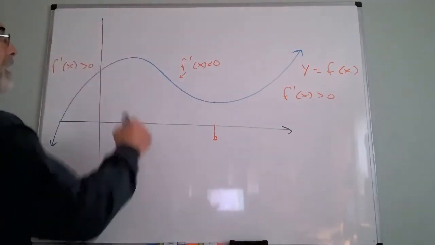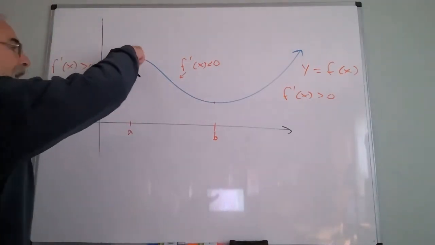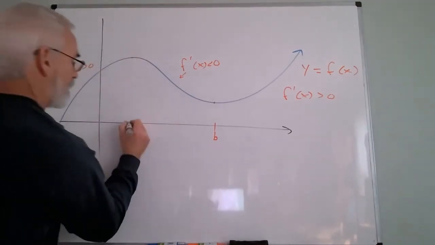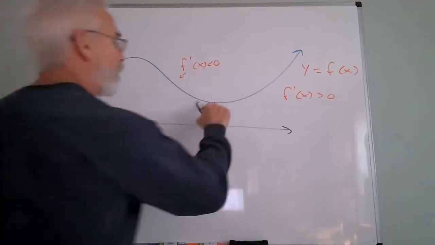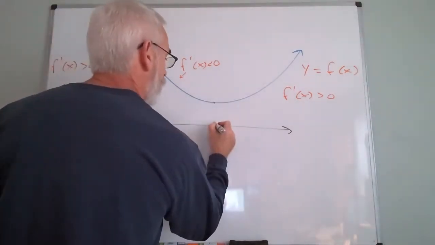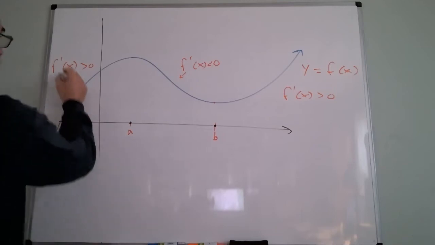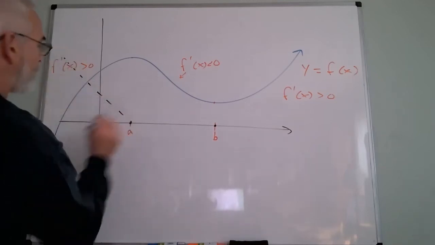At this point right here, the derivative would be 0, wouldn't it? So the derivative would be right here. At this point right here, the derivative would be 0. Now, along here, all my derivatives are positive, so my derivatives should all be above the axis. So probably something like this.